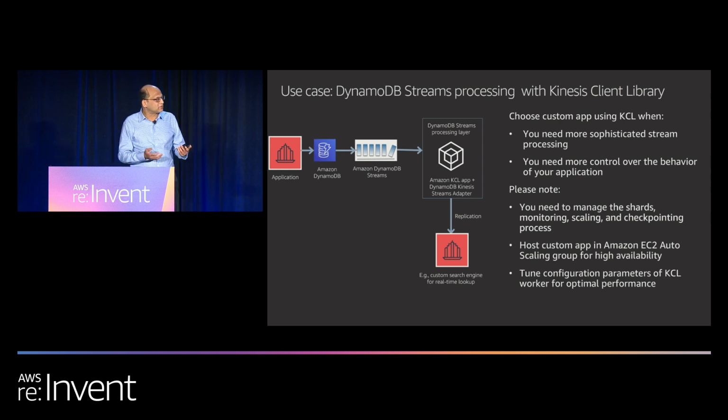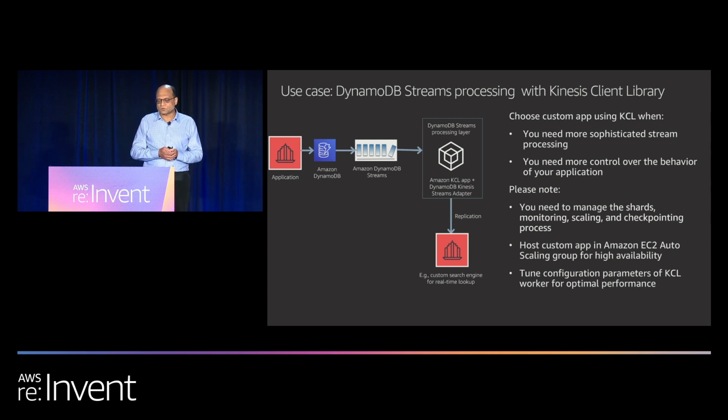In the use case that the Verizon Media team is going to share shortly, they chose to develop the app using KCL and the DynamoDB Streams Kinesis adapter. As you can see in the diagram, their use case is to synchronize with item-level modifications and build a custom search engine.